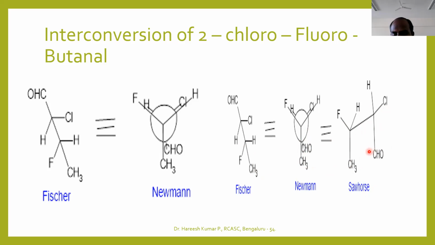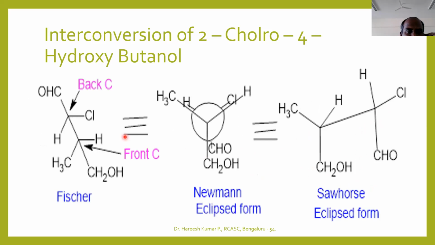Okay, so with this, I will go to the next slide. So here I'm mentioning again, this is what is called 2-chloro, 4-hydroxybutanal. So this will be the front carbon atom and this will be the back carbon atom.